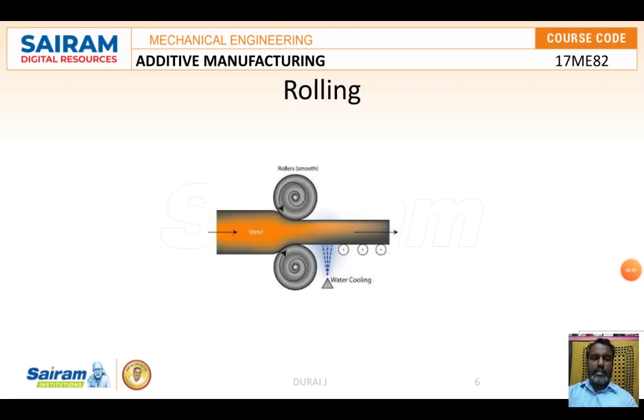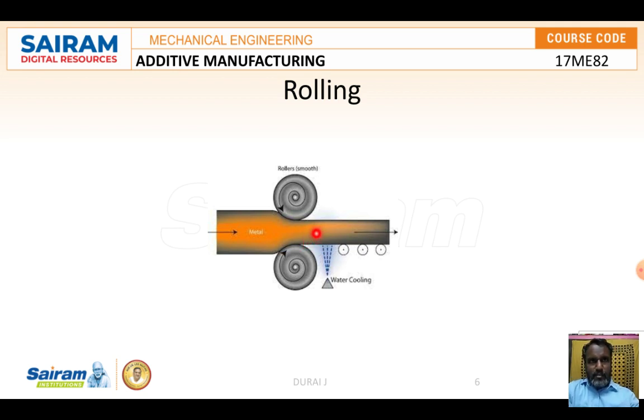Then comes the next one, rolling. This method is used for making continuous strips and rods having controlled porosity with uniform mechanical properties. Here the metal powder is fed in between two rolls, which compress it and interlock the powder particles to form a sheet of sufficient strength, as shown in this figure.